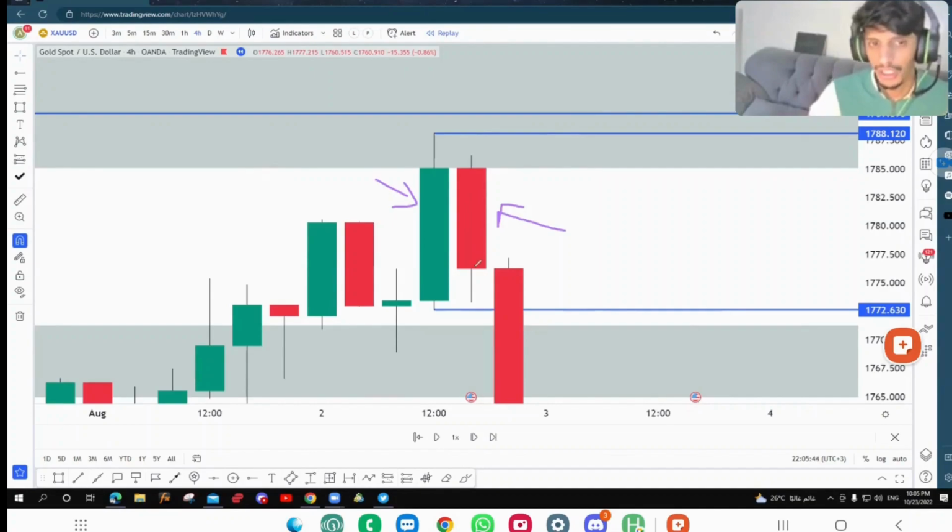When hedge funds and these companies, the banks and institutions, are taking profit, they want to take profit at the maximum level. So once they took almost, let's say, 90% or 100% of their level, they release liquidity. It means there is nothing that can hold the price from going down.